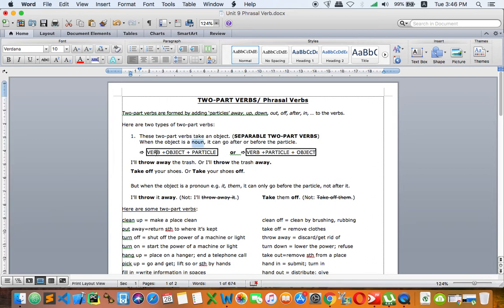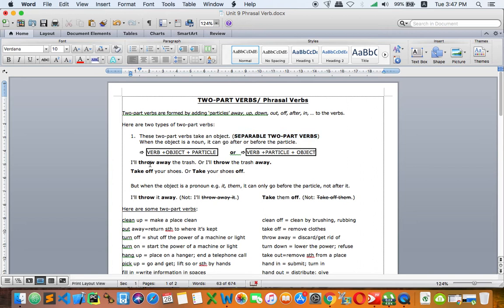We have verb, object, that is a noun, and a particle, because we can separate the verb and the particle. Or you can say verb, particle, and object. So when it is a separable phrasal verb, you can write it in two different ways. You can write the object or the noun in between, or you can write it at the end.